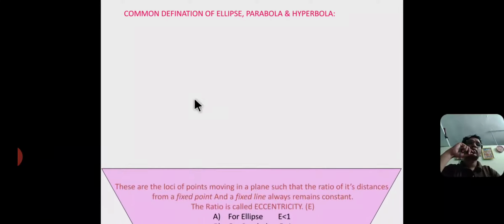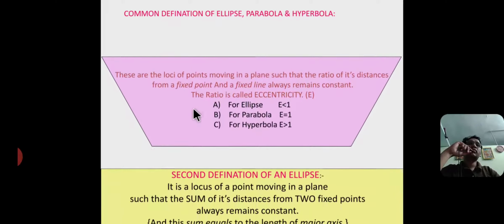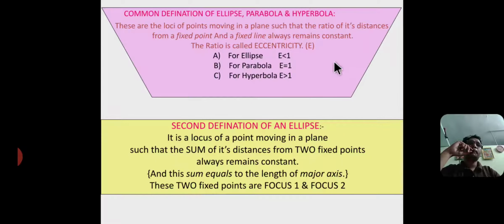Now this is the common definition of ellipse, parabola and hyperbola. These are the loci of points moving in a plane such that the ratio of its distances from a fixed point and a fixed line always remains constant. The ratio is called eccentricity. Here the fixed point is called focus and the fixed line is called directrix.